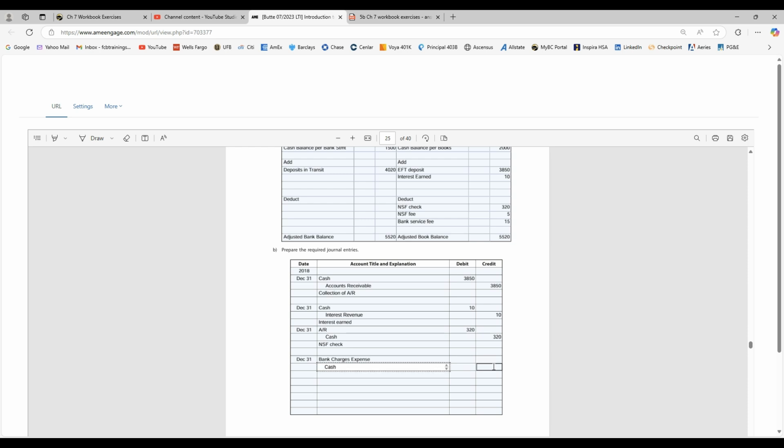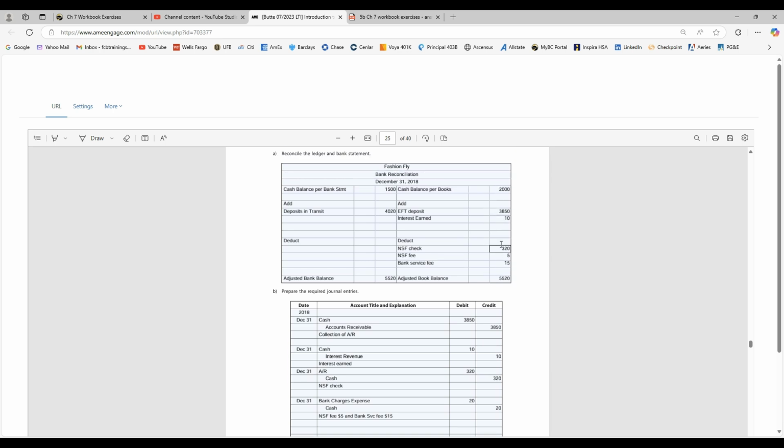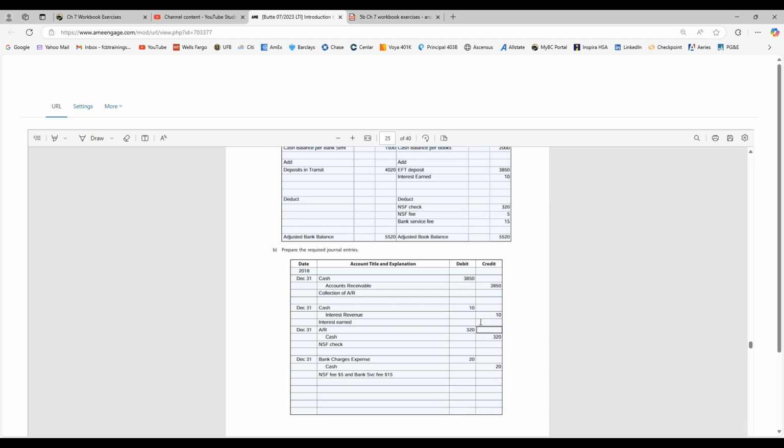And what I'm going to do here is put both together since we use the same account for this, and then say NSF fee $5 and bank service fee $15 in the explanation. Since they both go to the same account, we booked everything on the books side of the reconciliation, and once we get these entered, our adjusted book balance should be $55.20.